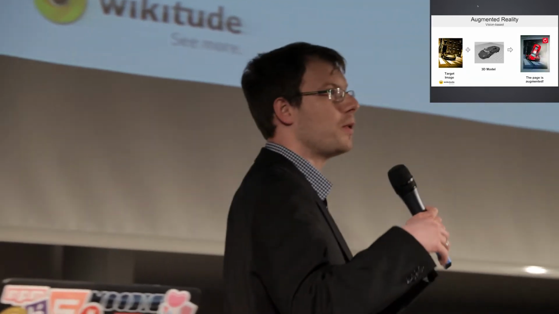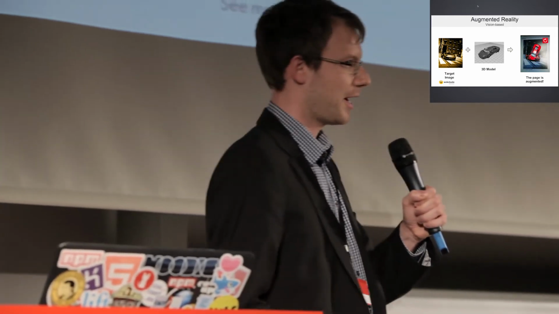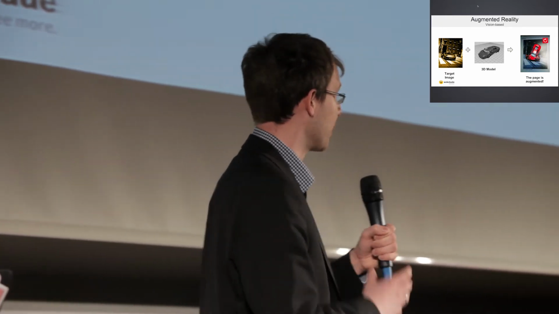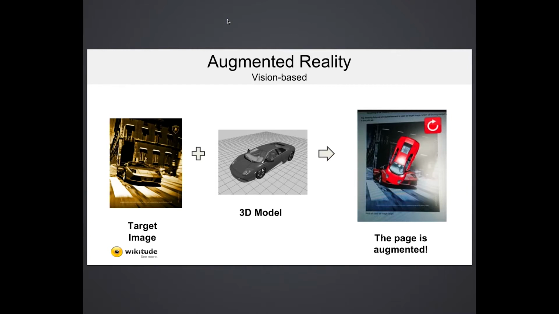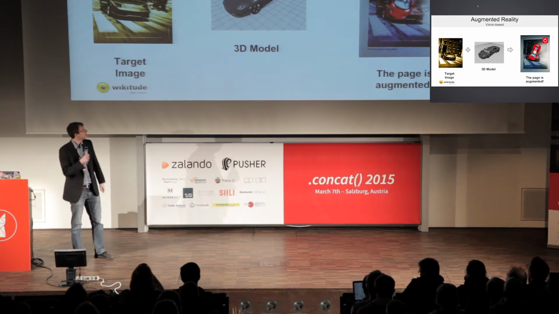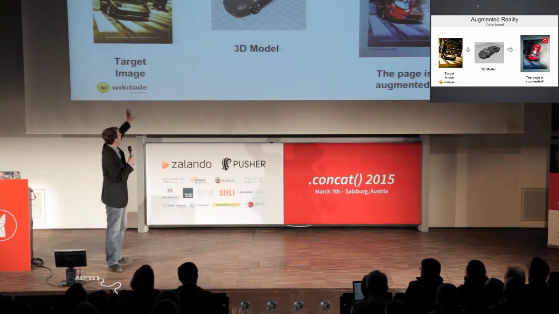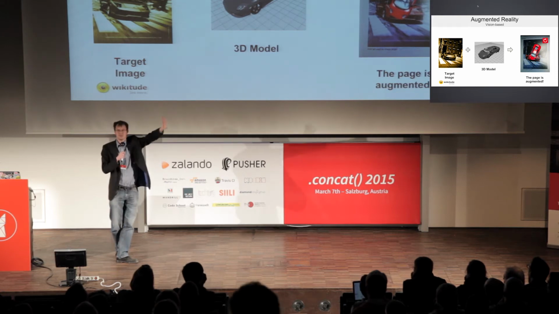So we are talking about two different types of augmented reality these days. Number one is vision-based augmented reality. That means what you've seen before with the Terminator stuff. You are scanning something, and the mobile phone or tablet, a mobile device, is recognizing what's on the screen and augmenting it with some virtual data.